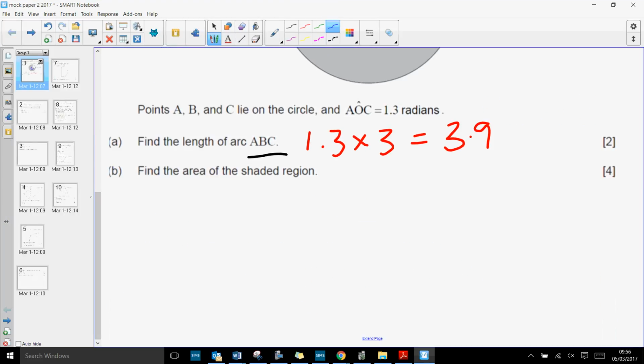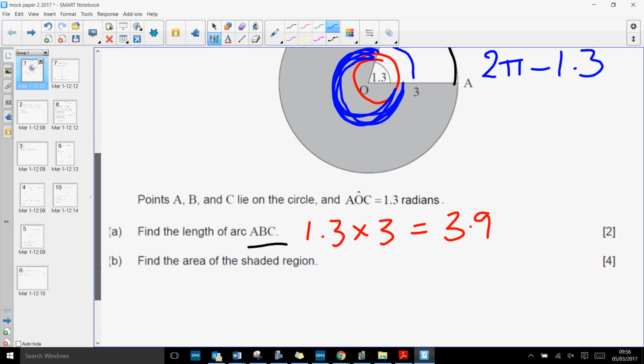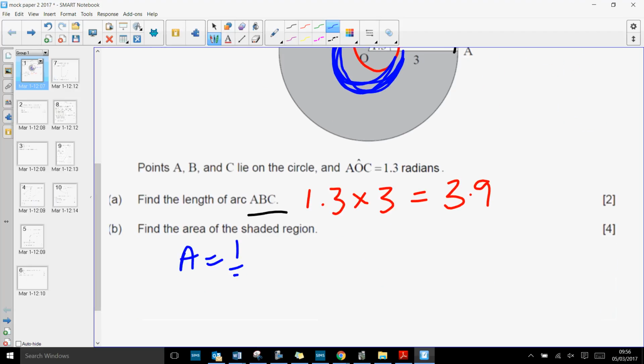So we're going to use this formula here now, a half theta r squared. So area is 1/2 times 2 pi minus 1.3 times 3 squared. Let's take that one later.